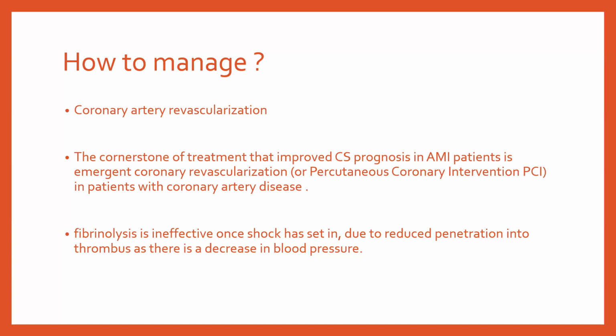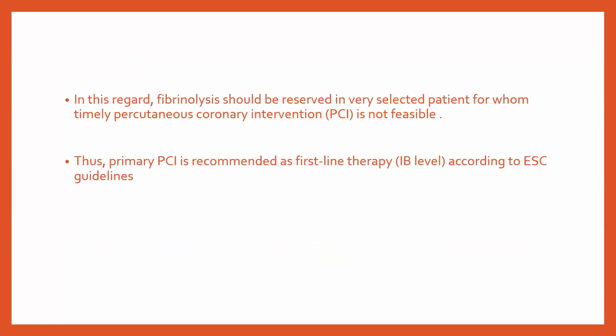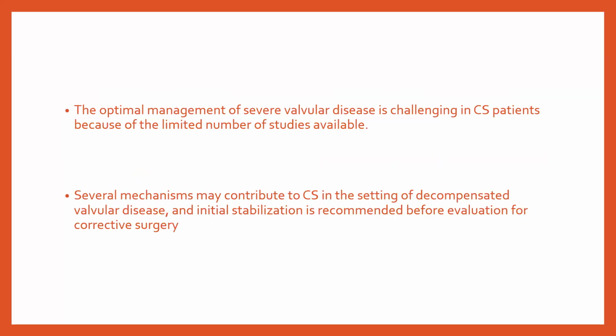Fibrinolysis is ineffective once shock has set in, due to reduced penetration into the thrombus as there is a decrease in blood pressure. So fibrinolysis should be reserved for very selected patients for whom timely PCI is not possible. Thus, primary PCI is recommended as first-line therapy according to ESC guidelines.